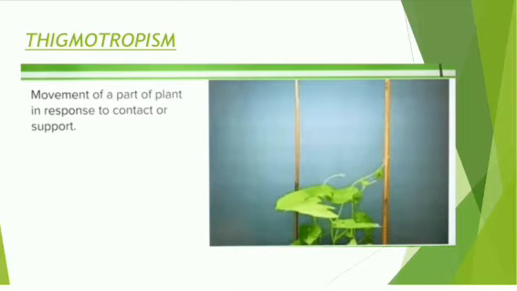Thigmotropism is movement of a part of a plant in response to contact or support. You can see some tendrils here. These tendrils are taking support and they will grow. Such tropism is called thigmotropism.